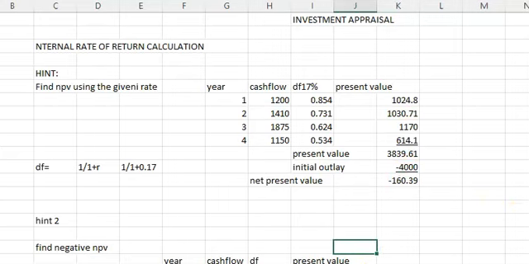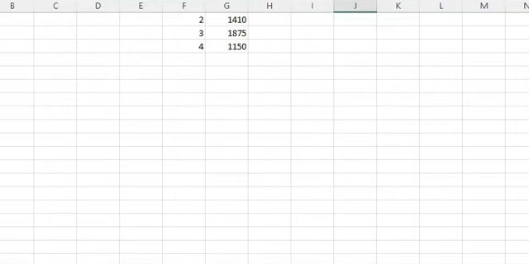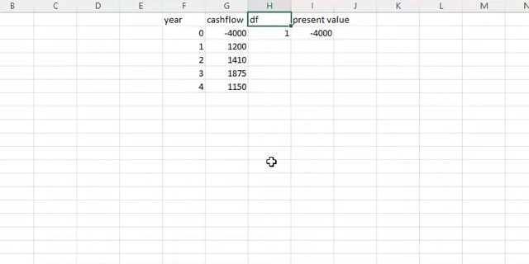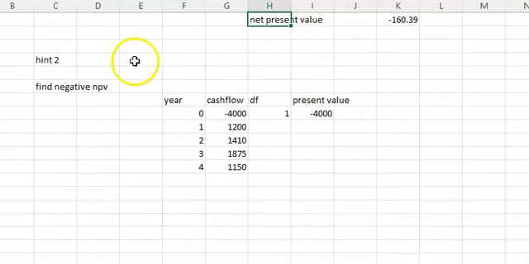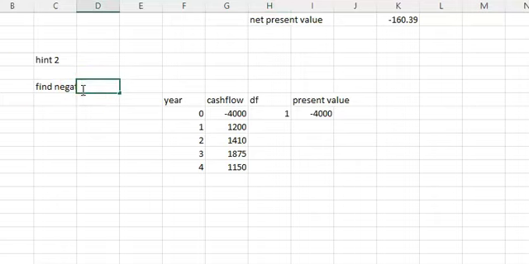Now we are looking for a positive NPV. Let's do that calculation, that correction. We are looking for a positive NPV. So this one we want to find a positive. So we are finding now a positive. Our answer was actually negative. So we need to find a positive NPV.